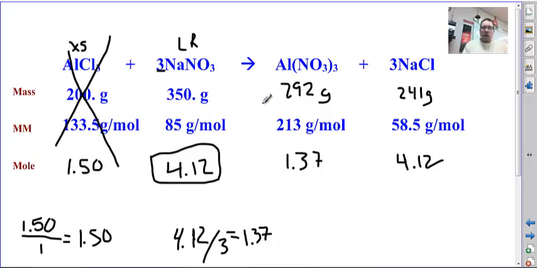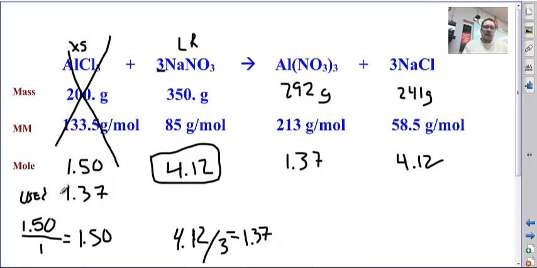Well, here's what I know. Okay? It's a 3-to-1 or a 1-to-3 ratio. So 4.12 times 1/3 is 1.37. So here's what I started with, but what I actually would have used is 1.37. That's how much I used from the start.